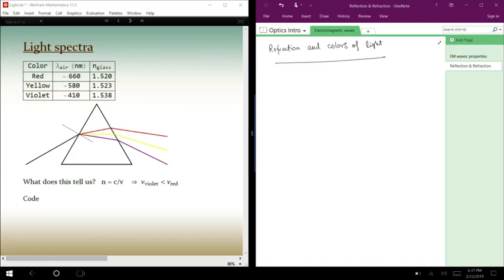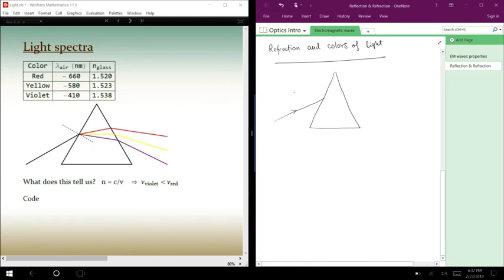So another interesting consequence of refraction is what happens to different colors of light when they enter into a prism. So generally, a prism is this triangular shape like this, right? And let's say I've made a prism out of glass and I have a ray of light that is incident over here.